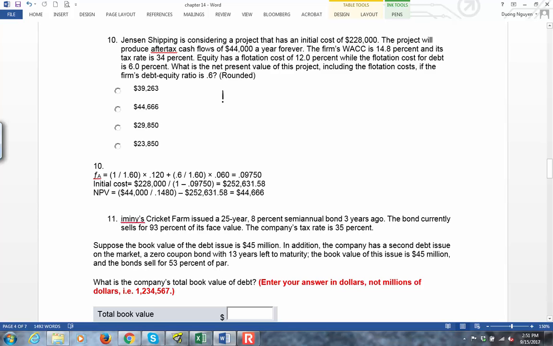Now if the debt equity ratio is equal to 0.6, meaning the weight of equity, you can use a formula: the weight of equity is equal to 1 over 1.6, and the weight of debt would be equal to 0.6 over 1.6.